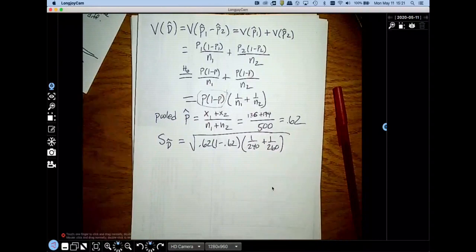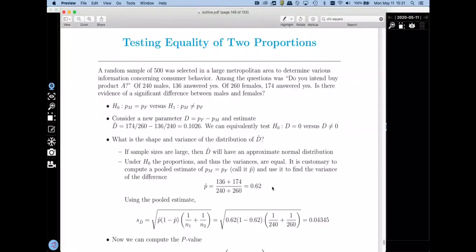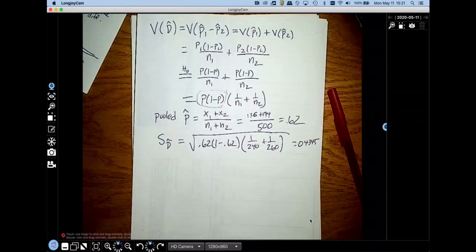And that's going to be the standard error of the difference. You'll see I've worked that out in the course packet to be 0.04345. All right, so I just wrote that number there.